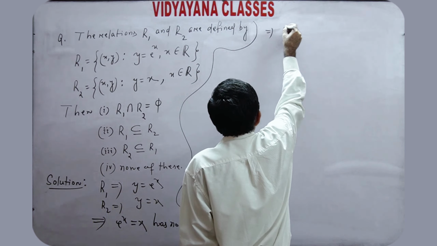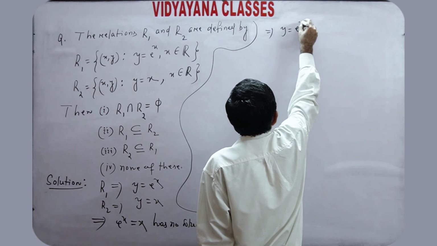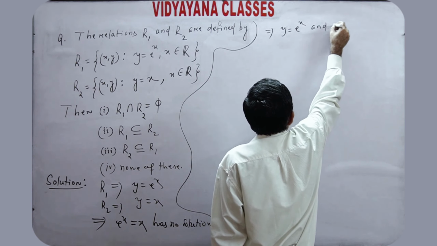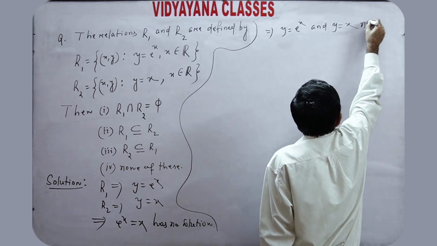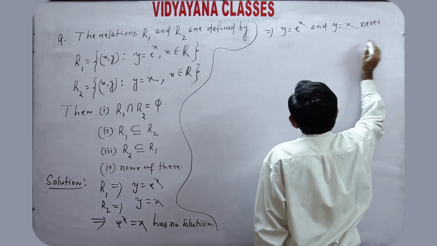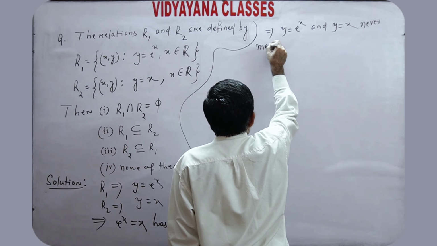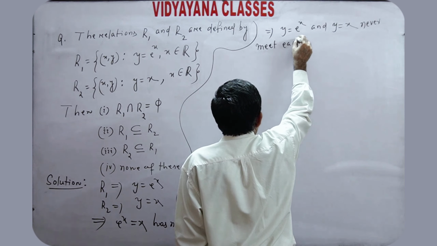This implies y is equal to e to the x and y is equal to x never meet each other.